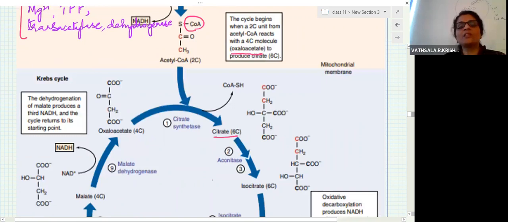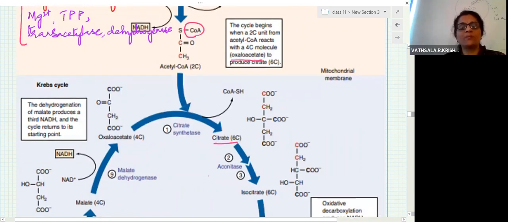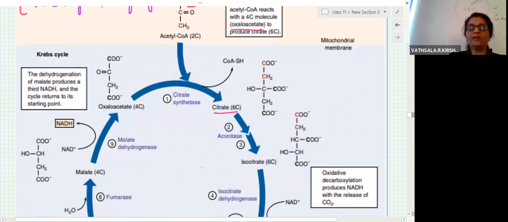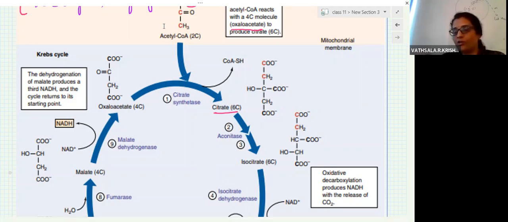Now what happens in every step? This also has 9 important steps. What happens in each step? Can you please explain? We did this also. You can look into your book also, that's fine.